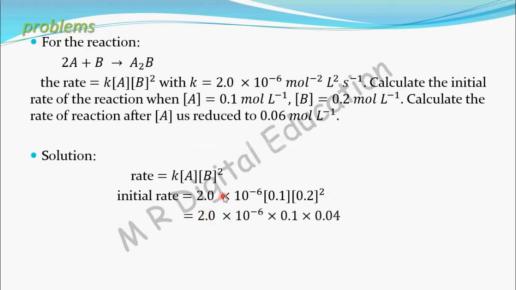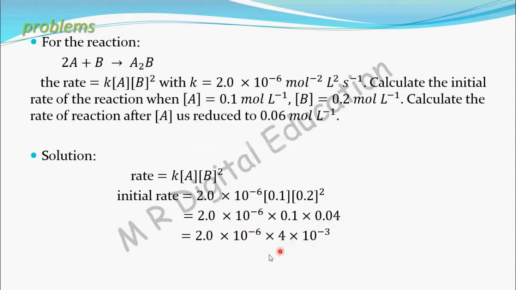Now keep this as it is, into 0.1 into 0.2 to the power 2, equal to 0.04. So keep it as it is. Now 0.1 into 0.04 is 4 × 10^-3.